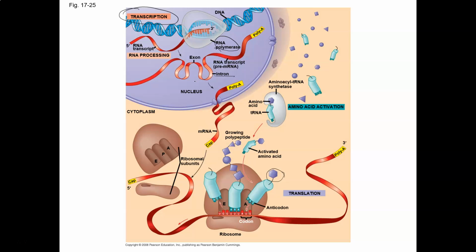The DNA is ultimately carrying the information, and the messenger RNA is a temporary molecule made off the template strand. So that completes our lecture of protein synthesis, the central dogma.